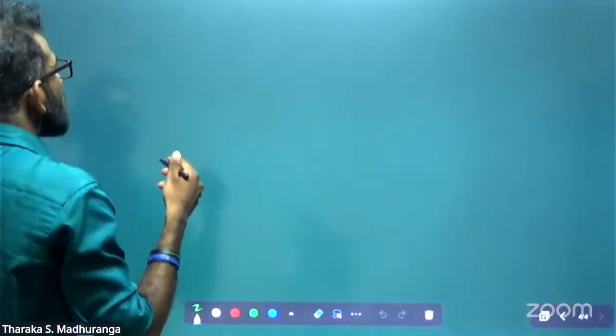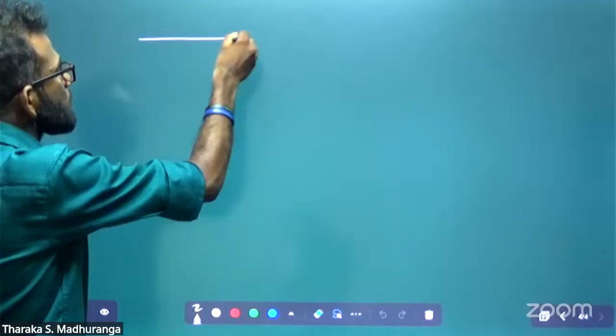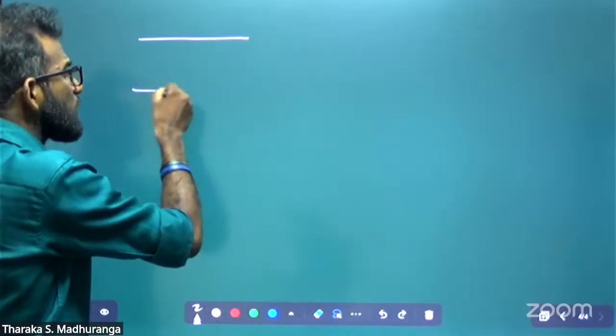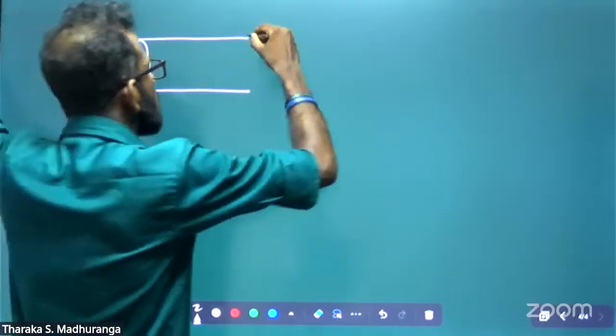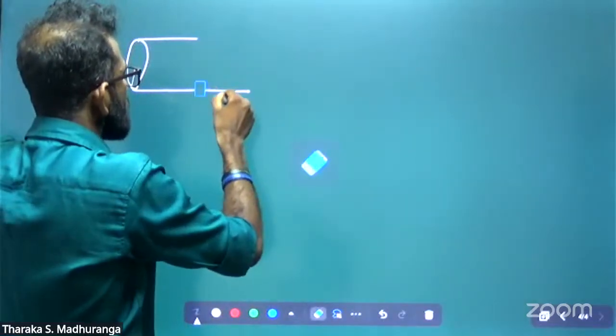Now, in the micrometer screw gauge, when the anvil and spindle touch together without any object, this is the linear scale.